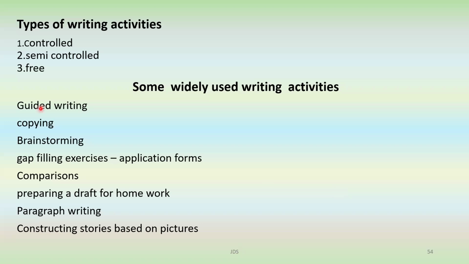So all these can fall under one of these, either controlled or semi-controlled, or else free. So all the different techniques that we saw, looping, listing, mind mapping, can come under these three. So these are the predominant types of writing activities.